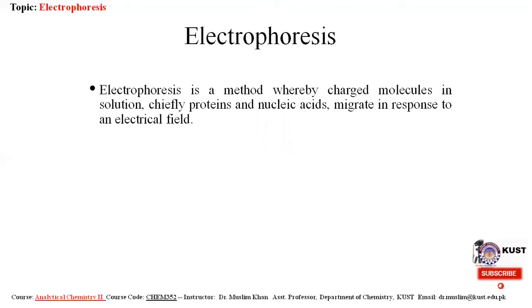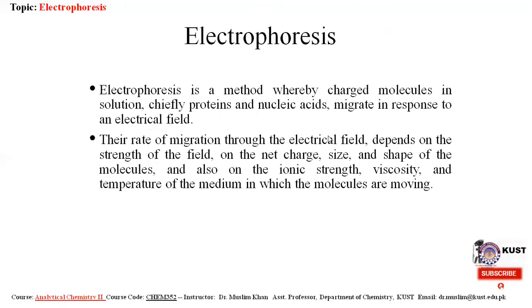What are the factors on which the motion of these charged molecules depends? The rate of migration of these molecules in the electrical field depends on the strength of the field, how strong or how weak the field is.